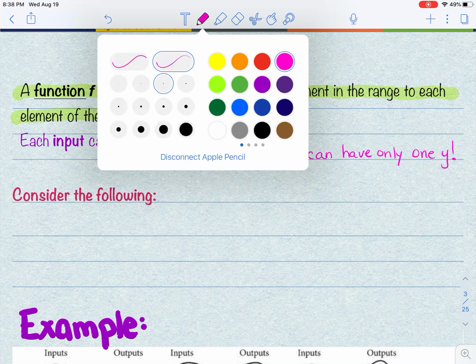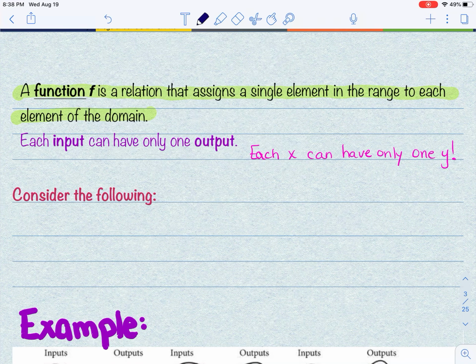So consider the following. If we have a set of ordered pairs where they're not all specifically numbers, but we have the words even and odd as the input variable.